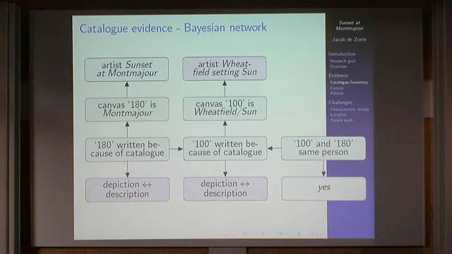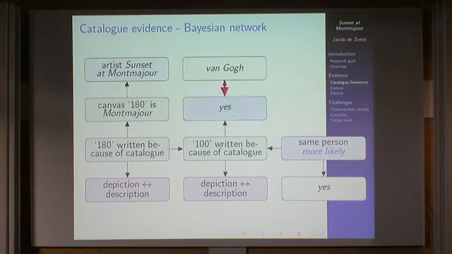For example, you could say, well, the handwriting of 100 and 180 is similar, which makes it more likely that these numbers on the back of the different canvases were written by the same person. Furthermore, the assumption is that Wheatfield with Setting Sun is painted by Van Gogh, so the canvas with 100 on the back is by Van Gogh.